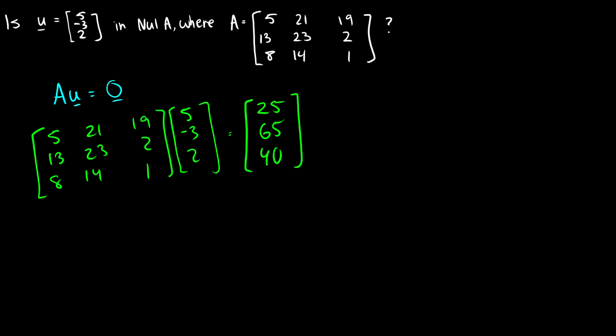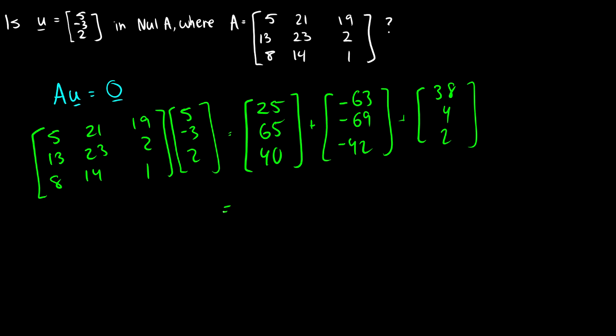Then we're going to add negative 3 of the second column, so this will be negative 63, negative 69, and negative 42. And then we'll add 2 times the third column. This will be 38, 4, and 2.